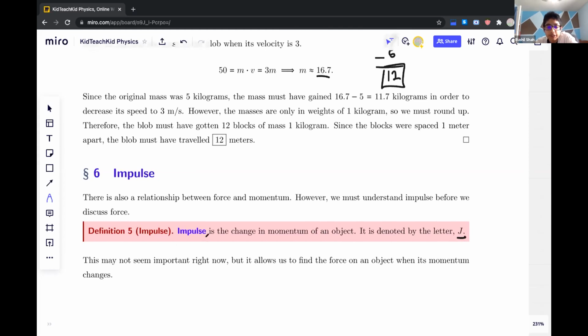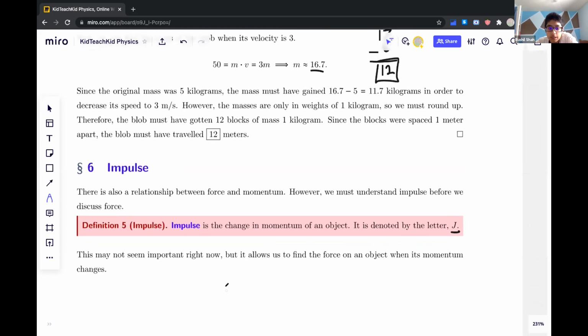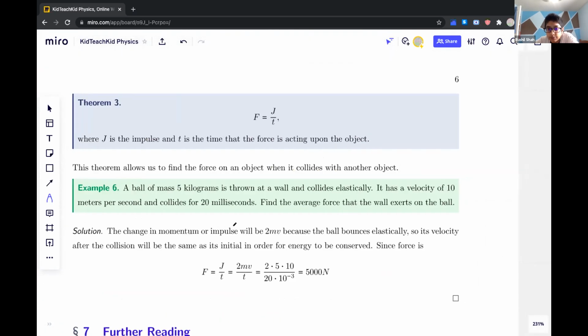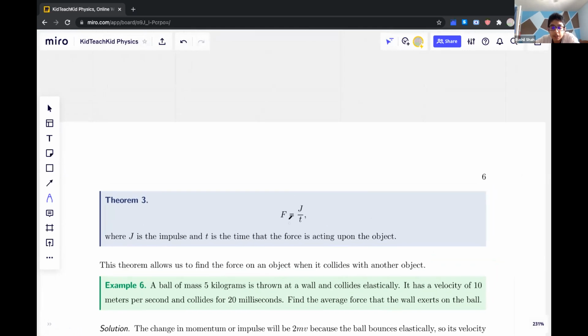Okay, so in physics, impulse is the change in momentum of an object, and it's denoted by the letter J. And now that we know what impulse is, it's just a change in momentum. So we can relate this to force, because force is going to be the impulse over the time. And the time is the time that the force is acting on the object.